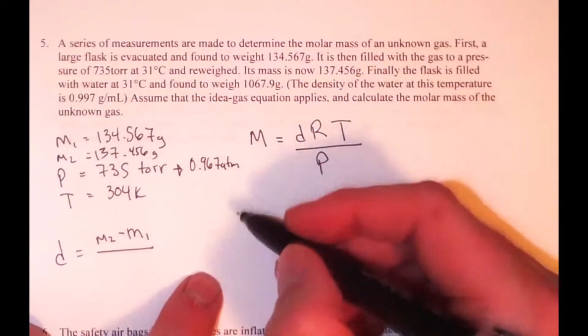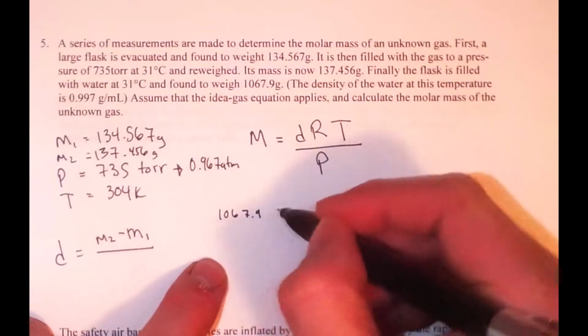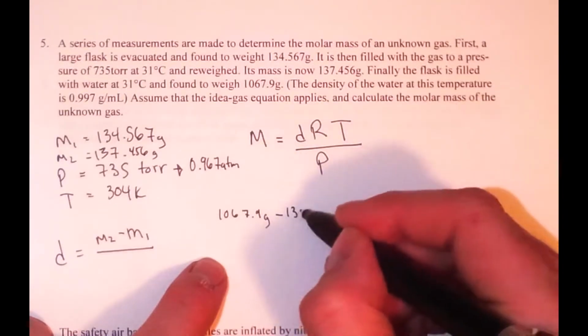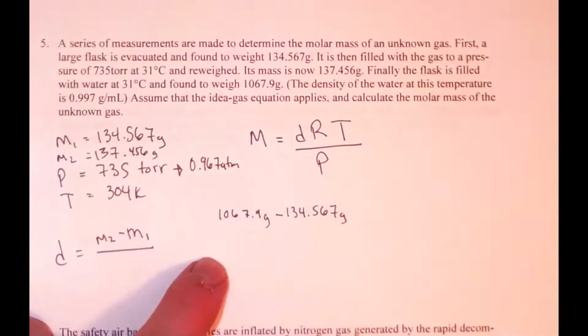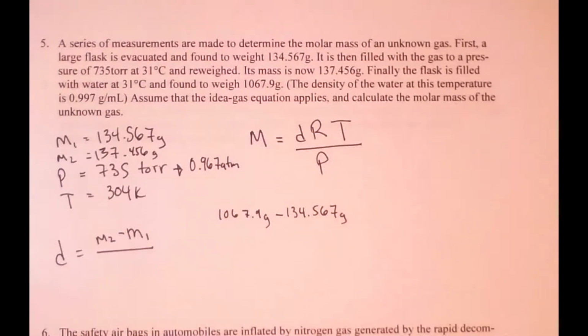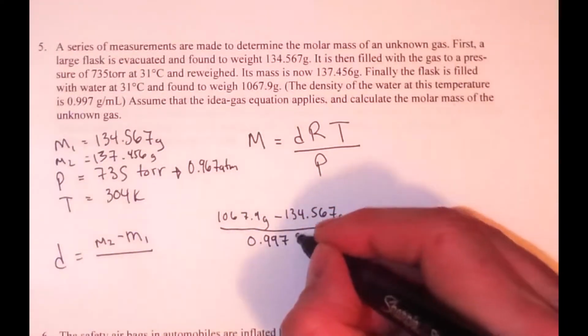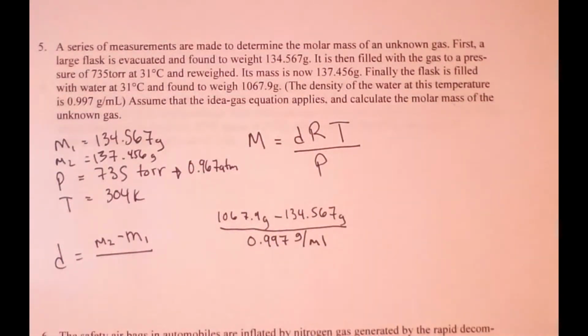How we're going to get it, we did this again in class, is we're going to take the mass of the container full of water, take away the mass of the container empty, and divide that answer by the density of water. So my grams are going to cancel, leaving me with milliliters, and that's hopefully going to give me the right answer.